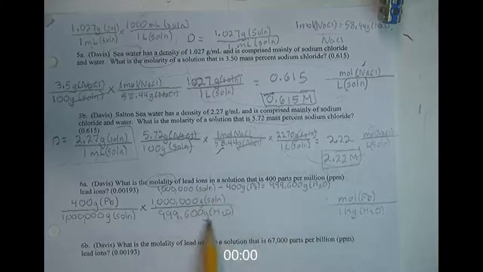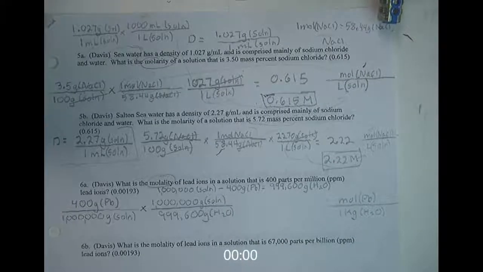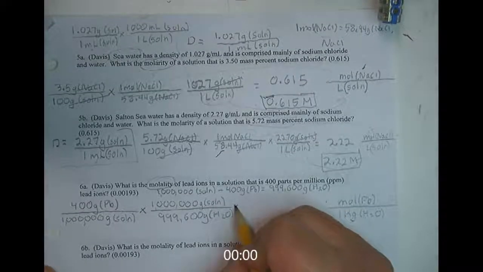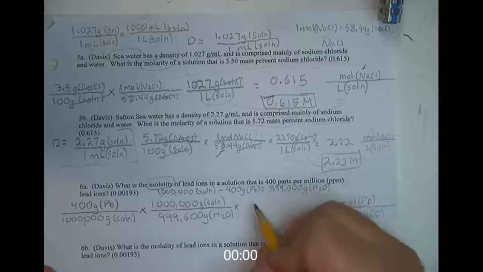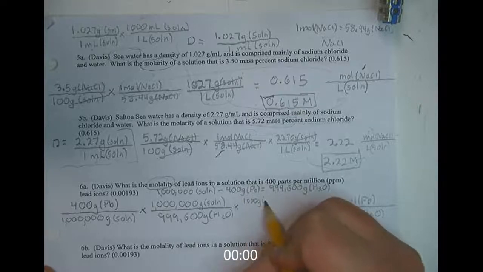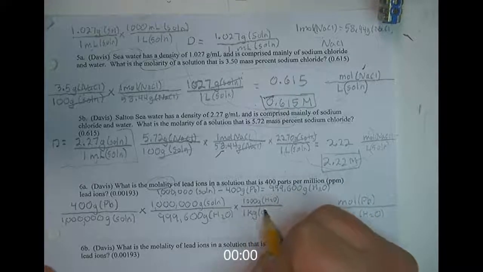So you see we're getting close. We got grams of H2O. We want to end up with kilograms of H2O. So now what we simply need to do is convert and say that there is 1,000 grams of H2O for every 1 kilogram of H2O.